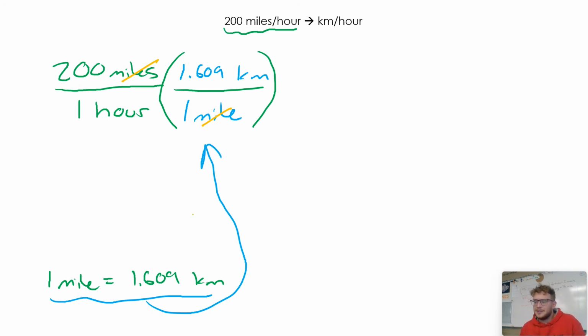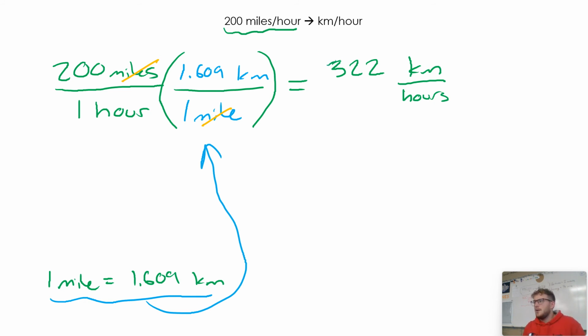So really, this is all the math that I needed to do. This is all the work, all the setup. So I can just go ahead and complete this problem. I can multiply across the top, 200 times 1.609, and you get about 322. And my unit is kilometers over hours, or kilometers per hour.